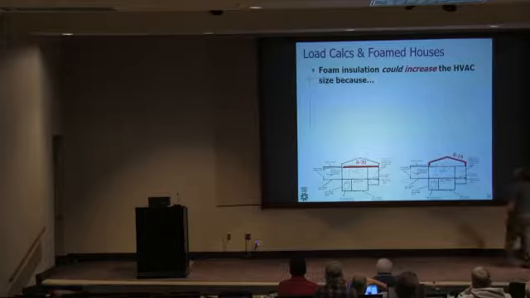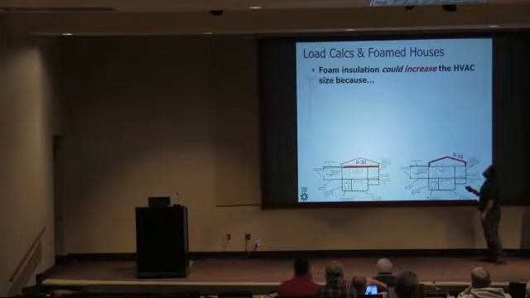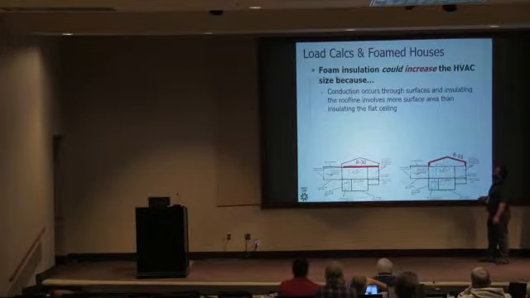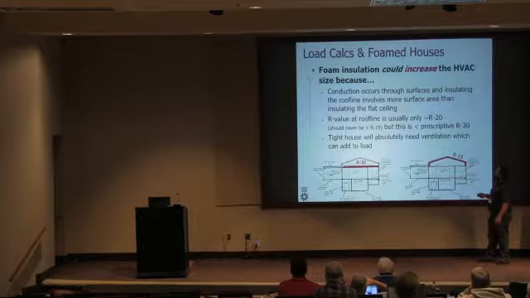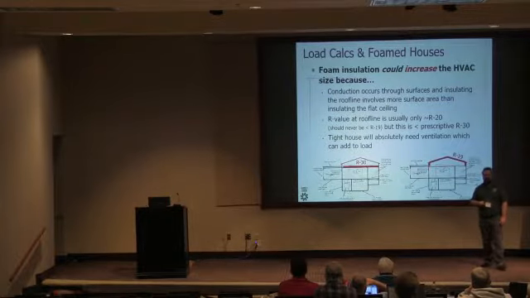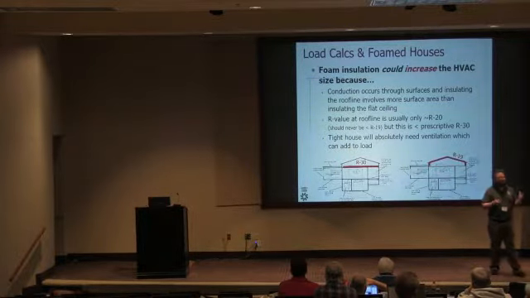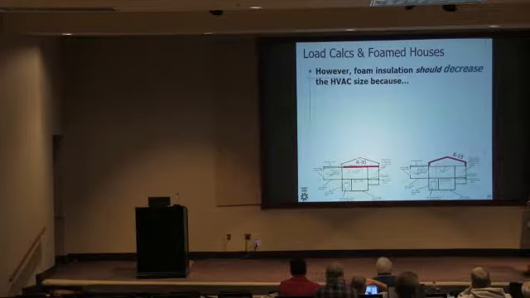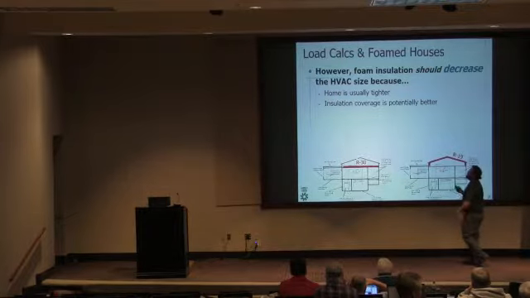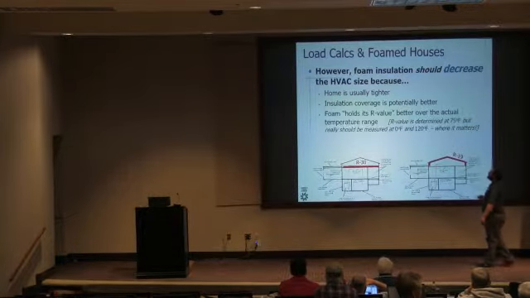So the foam insulation could increase the size of the HVAC system because we've increased the surface area, we've reduced the R value, and we're going to have to add ventilation back into the home. So theoretically, someone could say, oh, doing this foam roof line is going to make me put in a bigger HVAC system. But in reality, the home is tighter, the insulation coverage is typically better.